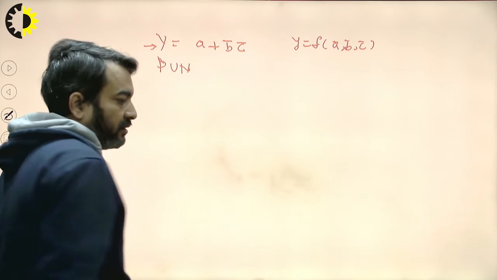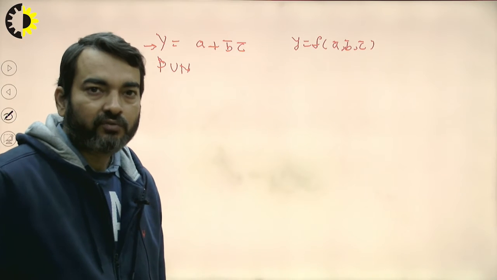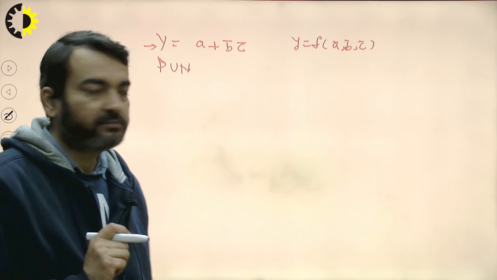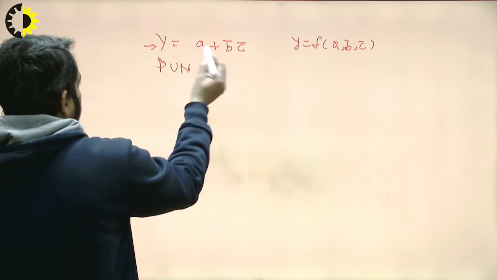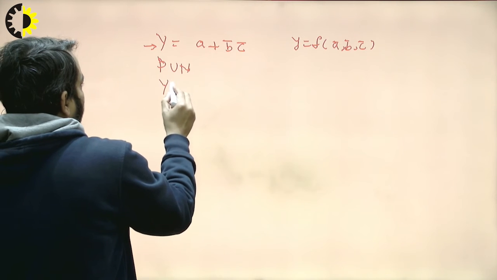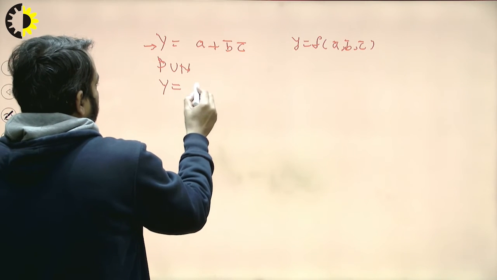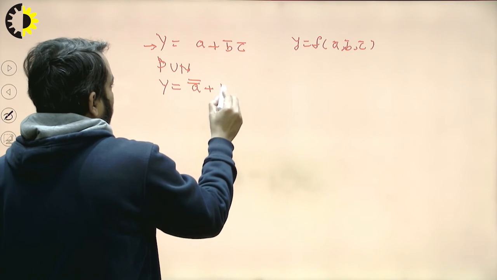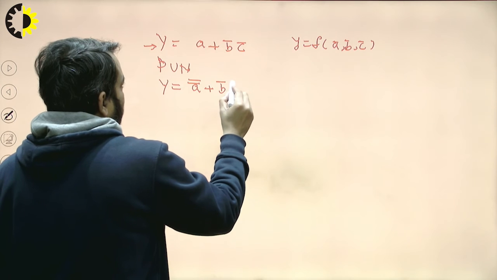This is for the pull-up network. So we will draw the pull-up network and then apply the duality principle. Here this can be written as a double bar plus b bar c bar.